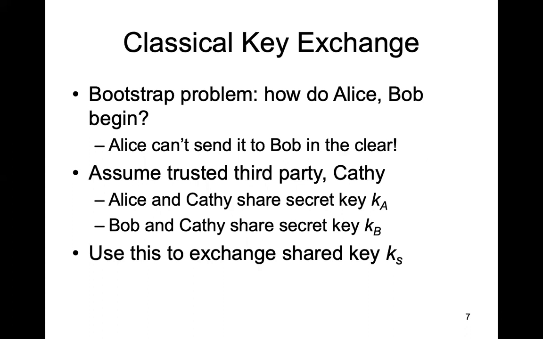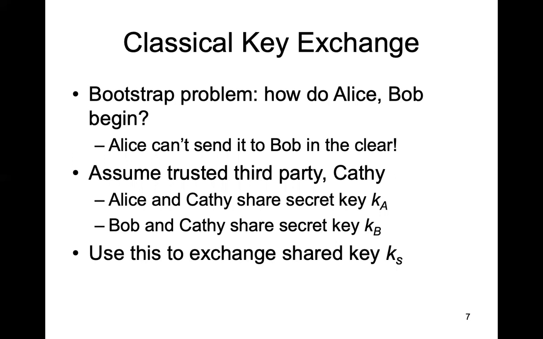We'll assume that there is some sort of a trusted third party, Kathy, and that there is some out of band mechanism by which Alice and Kathy have established a secret key, K. This could be, for example, a system administrator establishing Alice's account in the system for the very first time, or maybe a trusted party like VeriSign on the internet who is going to issue you credentials. Whatever it is, we will assume that Alice and Kathy share a secret key that has been established without an eavesdropper being able to get their hands on this key.